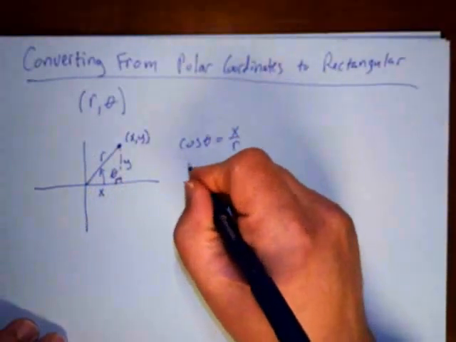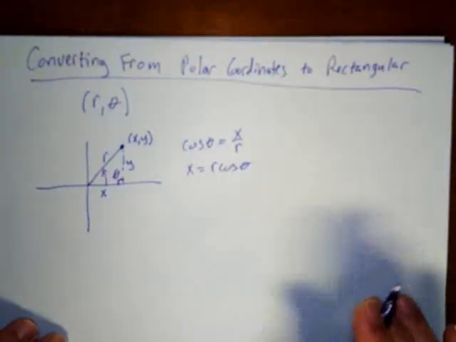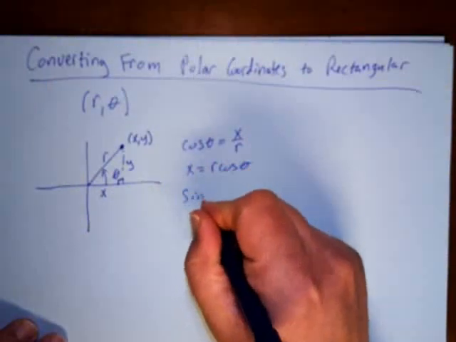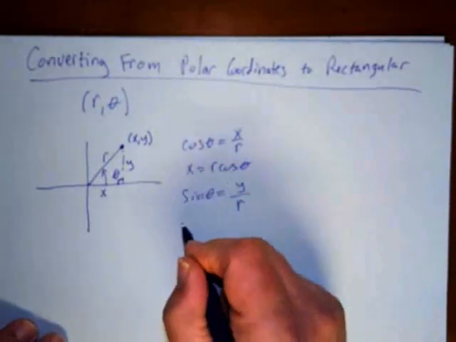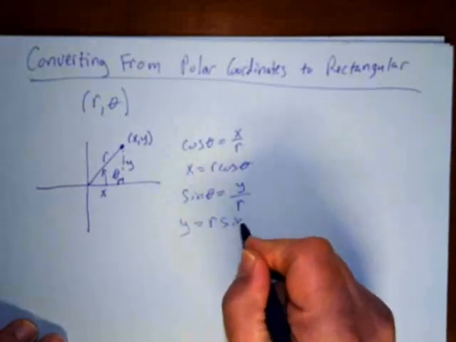That means x is just r times cosine theta. And then sine is the opposite over r, so sine theta is y over r, and so my y is just r sine theta.